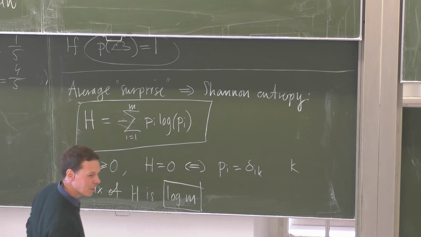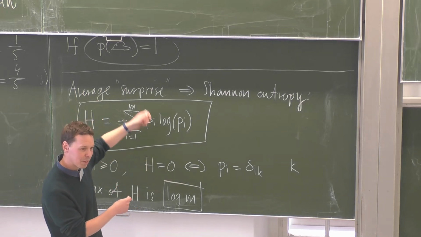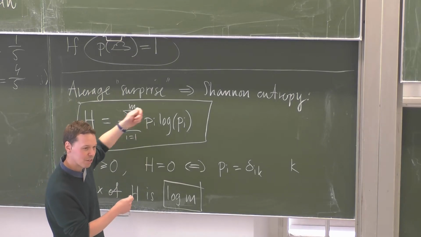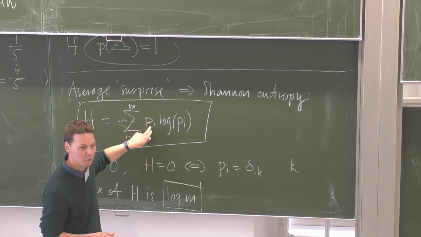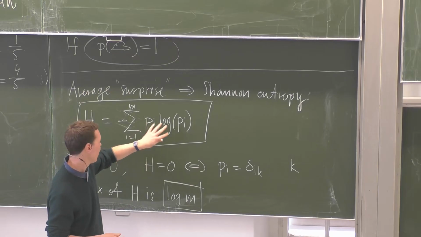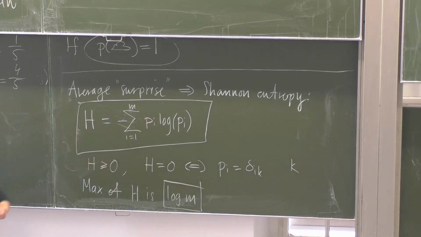Yeah, because you have to imagine it like this. I draw a lot of samples from this, I get a lot of messages from this. And then, of course, if the probability is higher, I will receive a message more often. So it has to be a formula like this. Expectation.